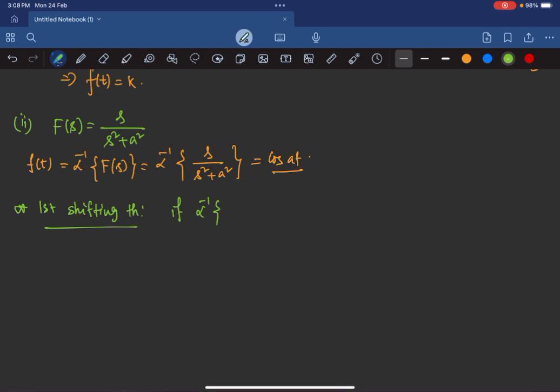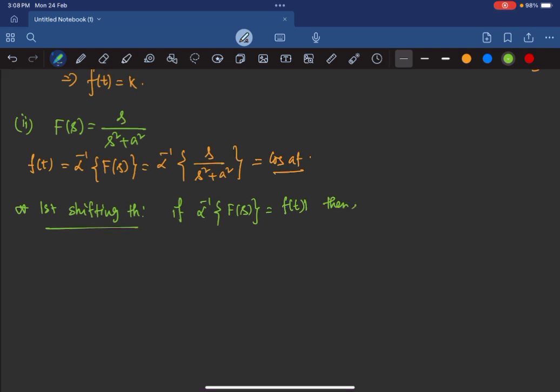If the Laplace inverse of F(s) is f(t), then the Laplace inverse of F(s minus a) is given by e power at f(t). So e power at f(t) is nothing but the Laplace inverse of F(s minus a).